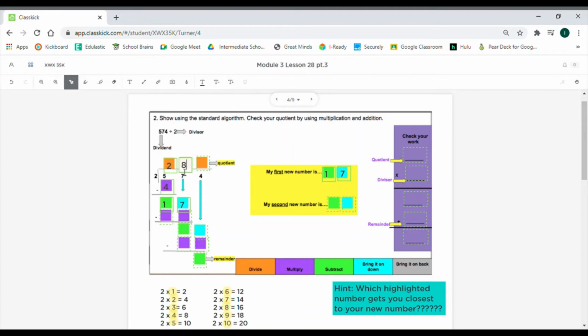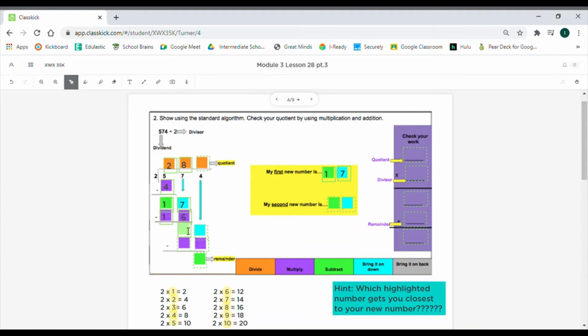Yeah, 8. And what's our divisor? 2. So we're multiplying 2 times 8. What do we get? Yeah, 16. Let's go ahead and fill that in our multiply box and prepare to subtract.